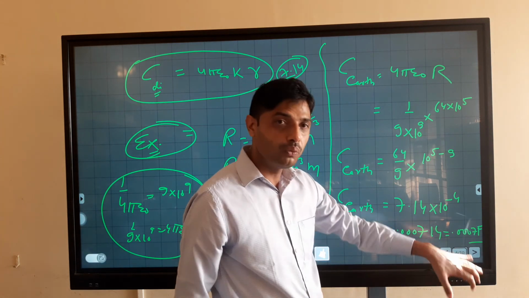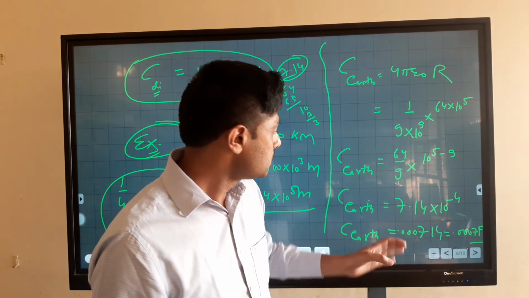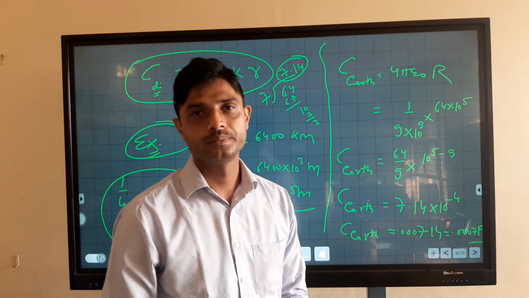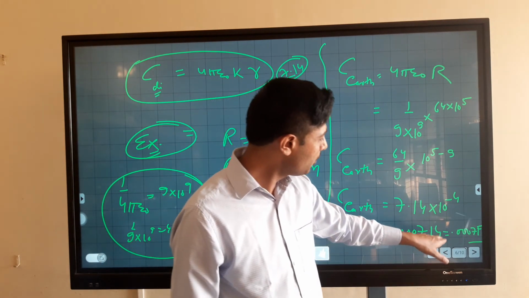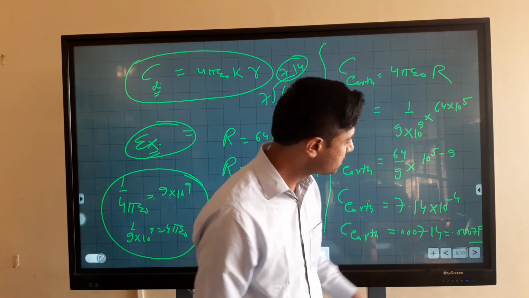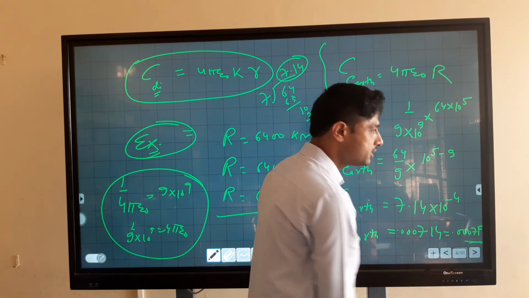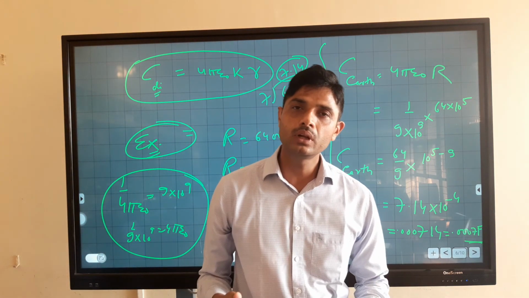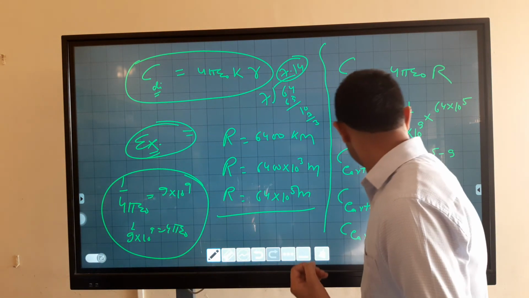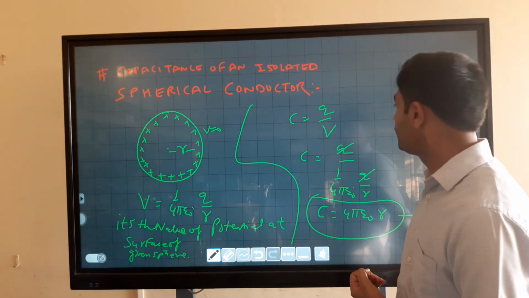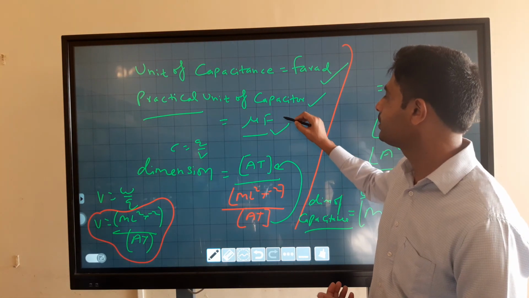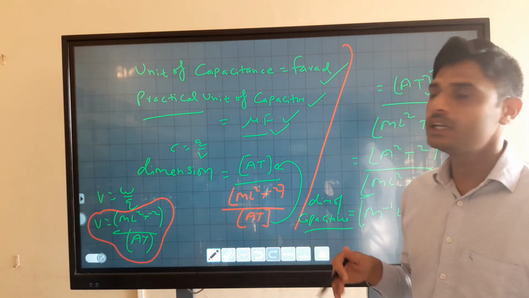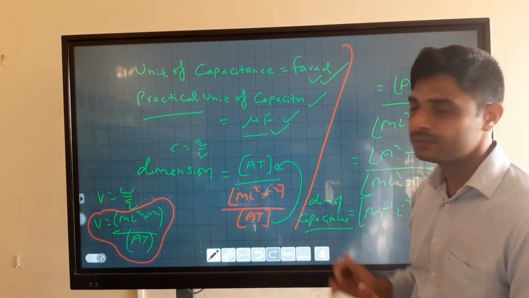For the earth, the value of capacitance is quite small, 0.0007 farad, which is quite small. So we have to use the practical unit of capacitance, the microfarad. We use microfarad in place of farad.